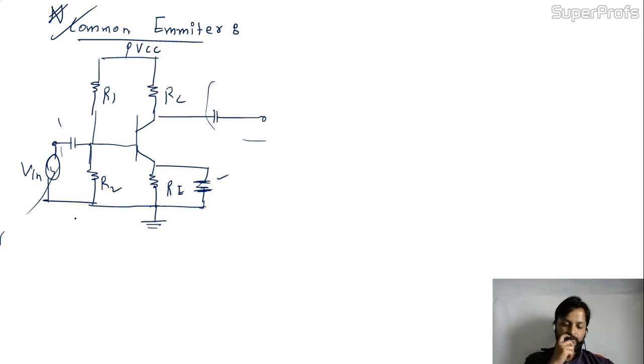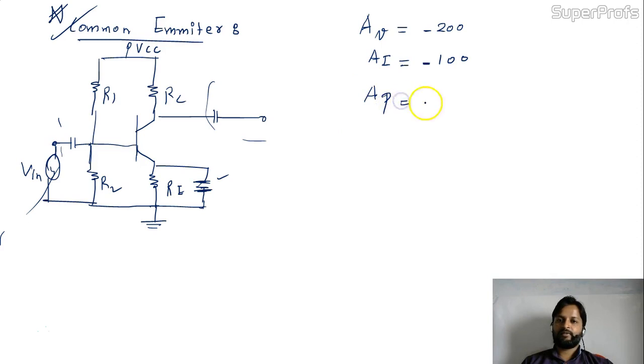Among all, why? Because AV is minus 200. AI will be minus 100. Right? The power gain will be AV into AI.